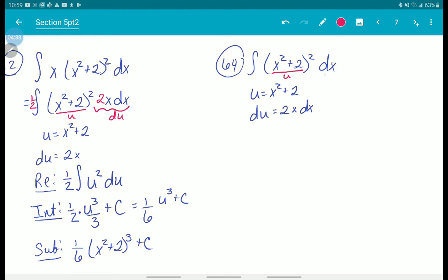Notice we've got u, but notice we're missing a lot from du. We don't have an x in here, and we cannot multiply in an x. If we tried to do that, it changes the domain of the problem. We would put a 1/2 out here, but what would we do with that 1 over x?